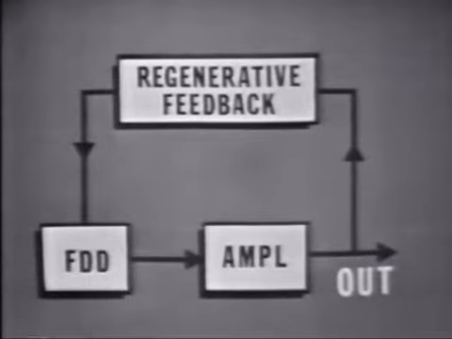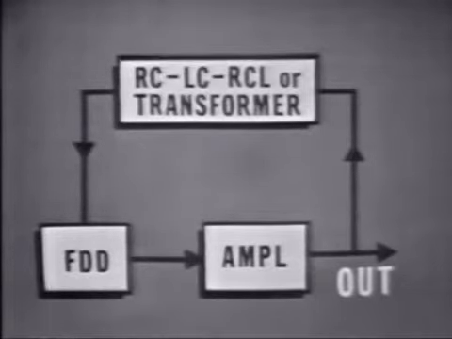Now, the energy must be fed back in phase, or regenerative. Because many amplifiers shift the phase of the signal by 180 degrees, there may be phase-shifting networks required in the feedback path. Various methods are used: RC, LC, RCL, or transformers between the output and the input.